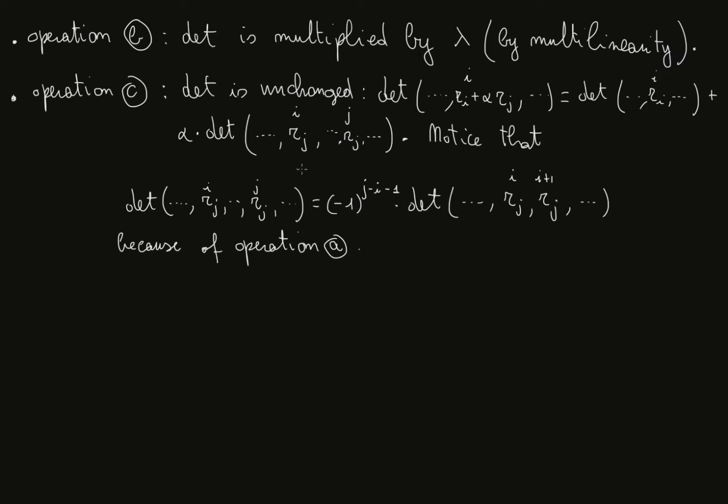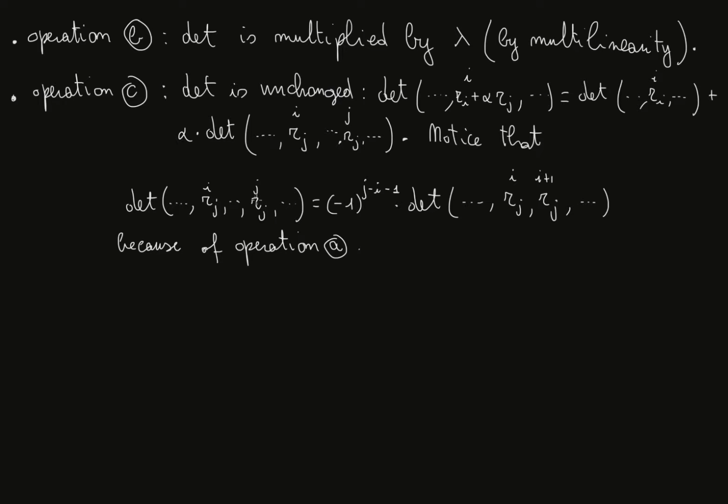Notice that the determinant of these n vectors, the one appearing in the second summand of the expression above, is the same as -1 raised to the power j minus i minus 1 times the determinant of the following vectors, in which we have the two equal vectors, one next to the other.